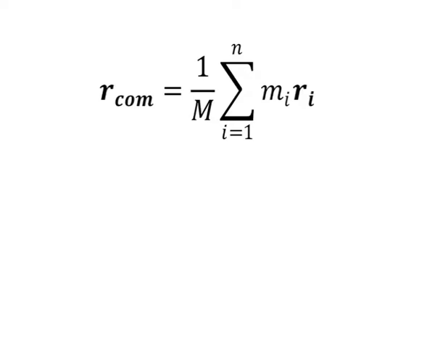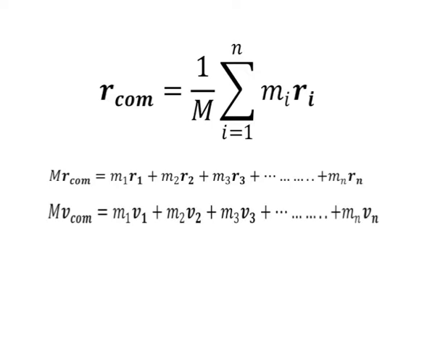Here m is the total mass of the system and r com is the vector locating the position of the system's center of mass. i varies from 1 to n. Now, for a system of n particles, m r com is equal to m1 r1 plus m2 r2 plus m3 r3 and so on up to mn rn. Here m is the system's total mass and r com is the vector locating the position of the system's center of mass.